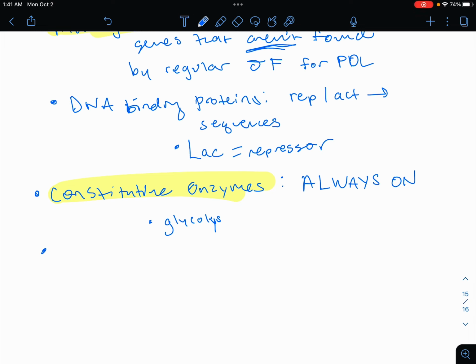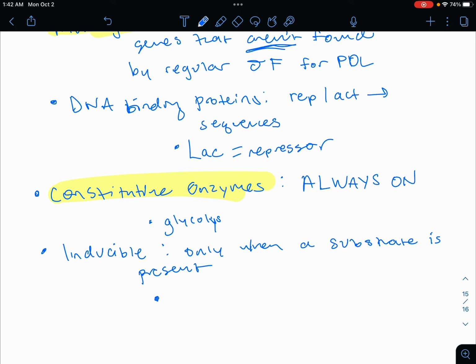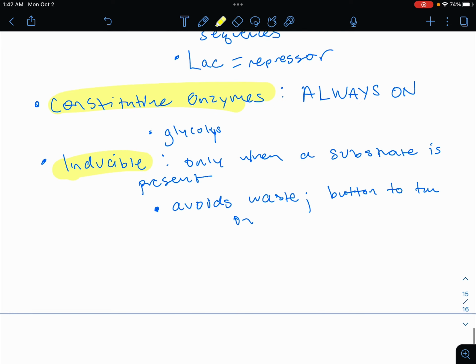However, inducible enzymes are of course going to be made only when a substrate is present. So this avoids waste, and then it basically acts as a button to turn on. Then of course we have repressible.